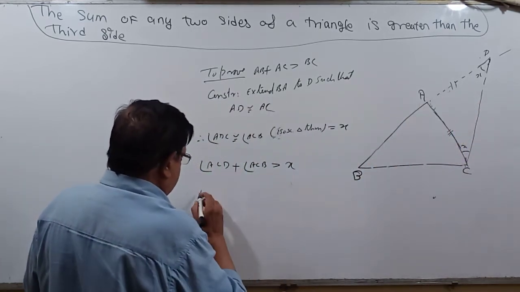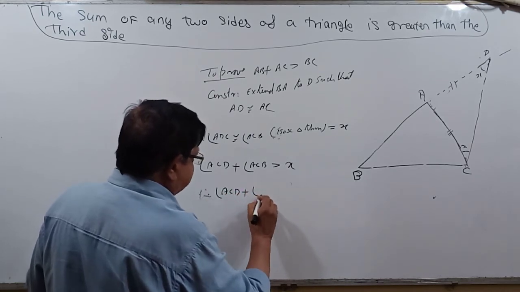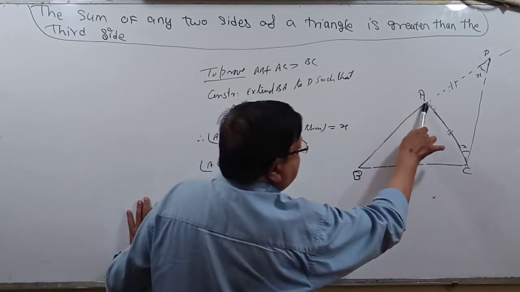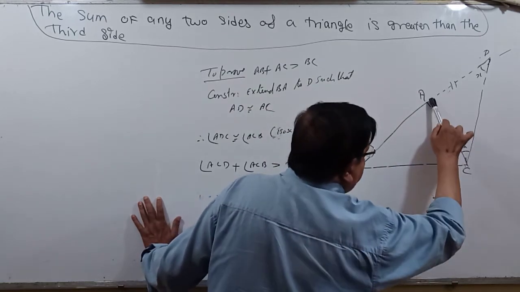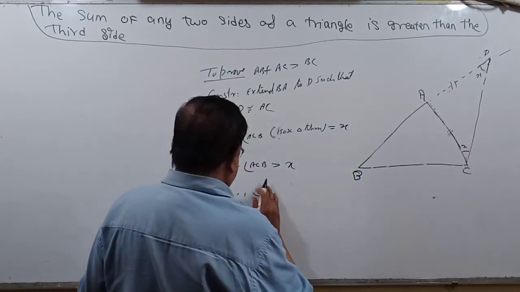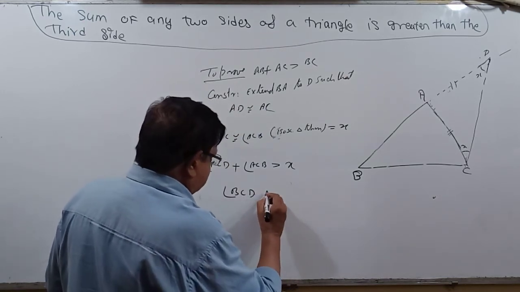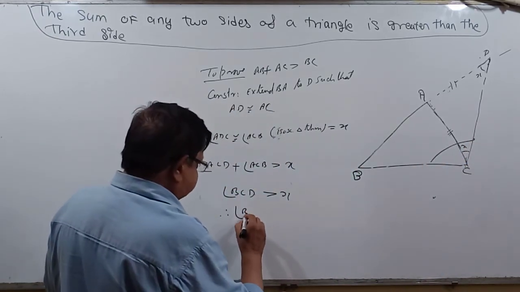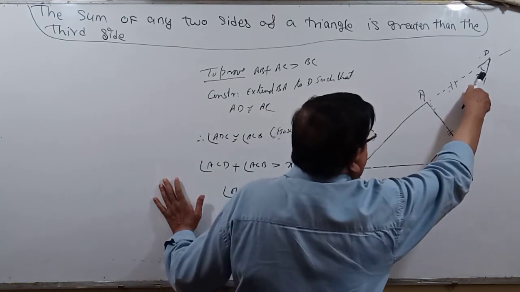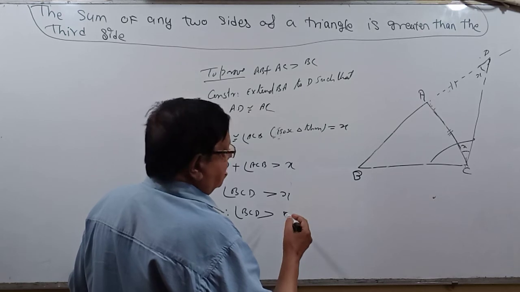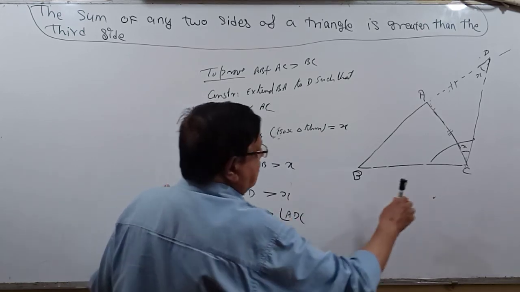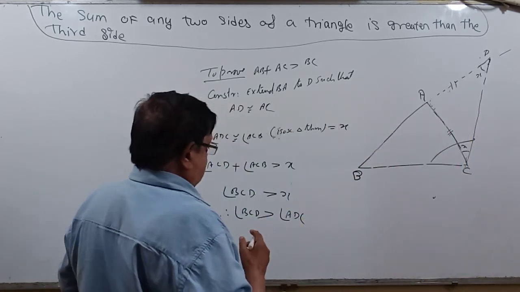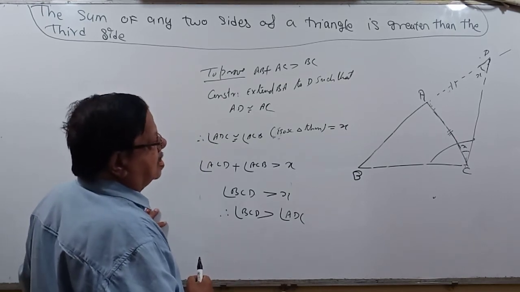So angle ACD plus ACB equals angle BCD. BCD is greater than X. Therefore, angle BCD is greater than this angle, which is also X. So BCD is greater than ADC.